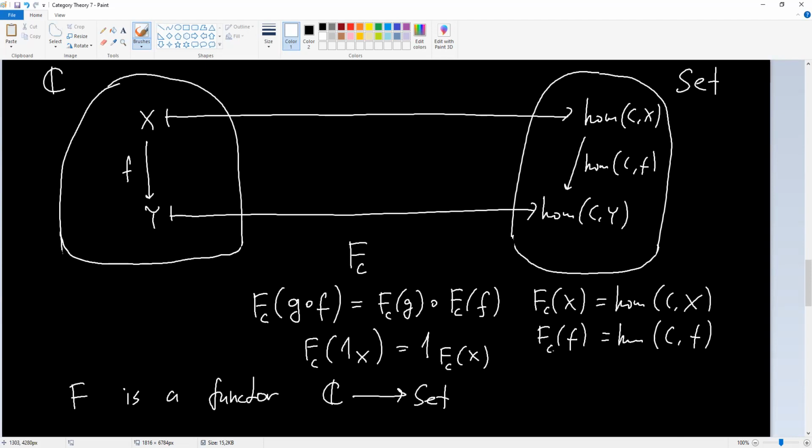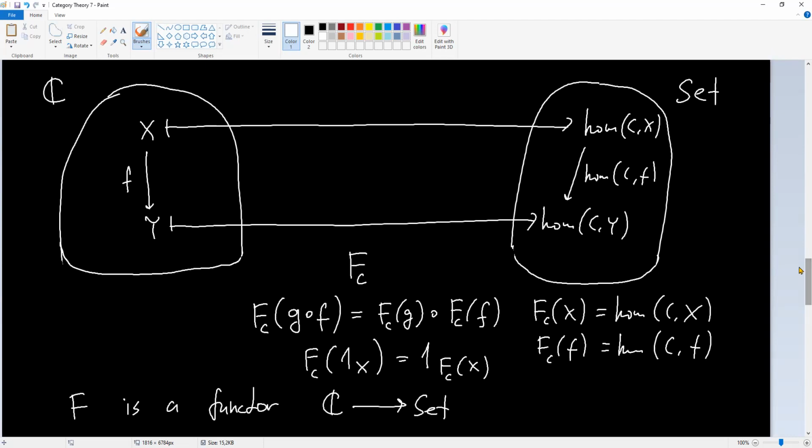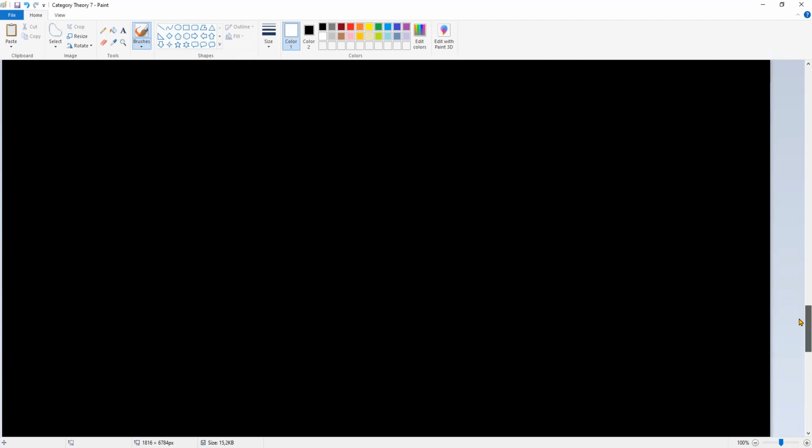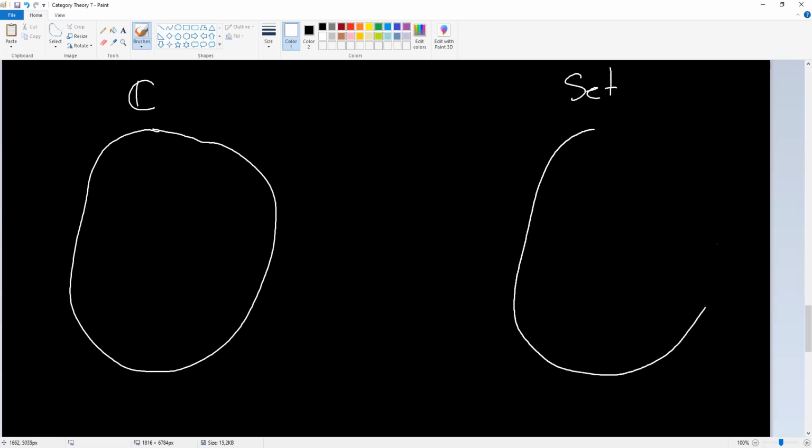Now let us look at the way we used generalized elements to explain the definition of a product in a category, and let's try to rephrase it as a certain property of the functor F. So what happens now if in our setup of transporting between these two categories, on the left side, we consider the product of X and Y with its product projections pi1 and pi2.